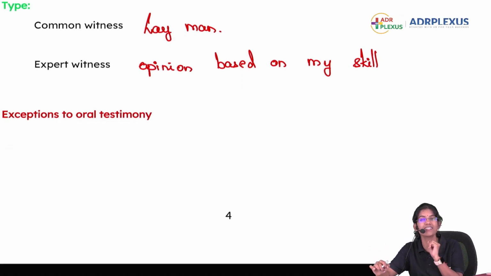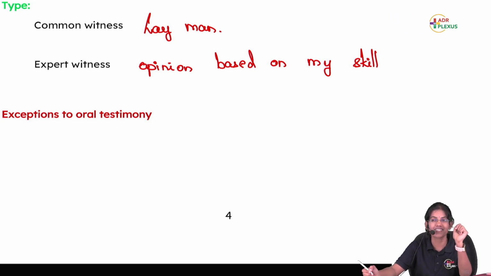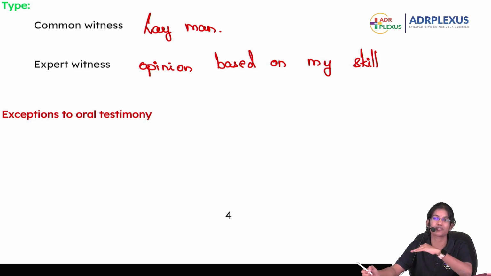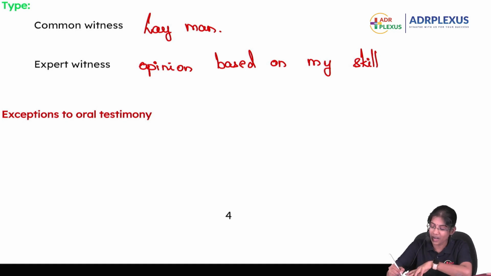Now, witnesses have to go to the court. There are some exceptions, right? Now, this question has also been asked. They have asked who is an exception to go to the court as an oral witness? And one of the options they have given is doctors. Immediately everyone thought, oh, doctors need not go to the court. No, we have to go to the court. Who are all exceptions?